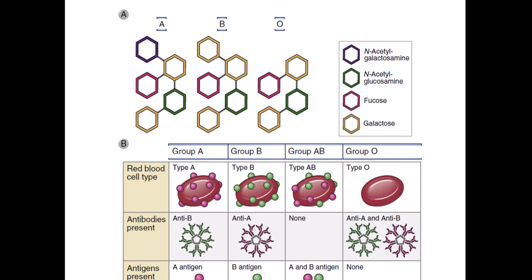And this is what we call the Bombay blood group. You can't give this blood to others; you can give it only to Bombay blood groups, because it has antibodies against the A and the B and the H as well at the same time. So this is very, very important to know.